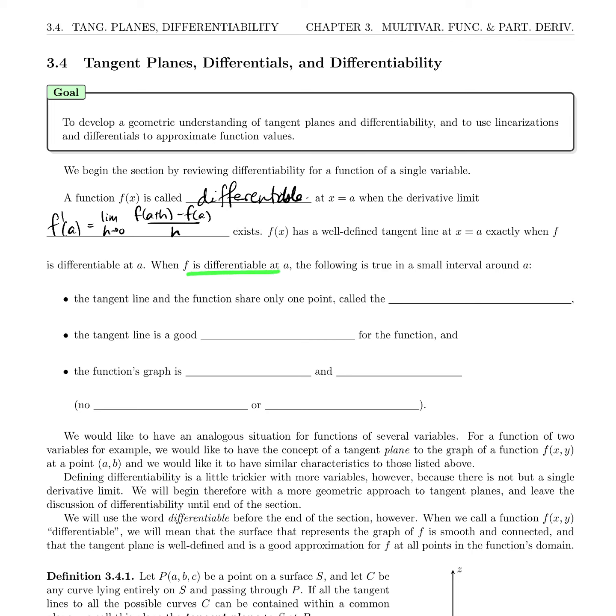When f is differentiable at a, the following is true in a small interval around a. The tangent line and the function share only one point, called the point of tangency.